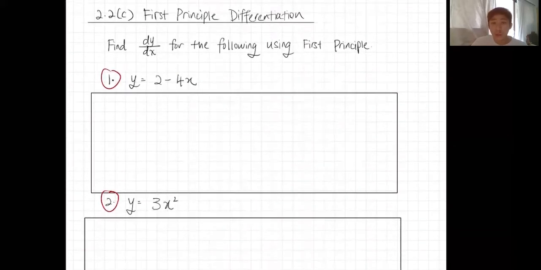And in 2.2c, we'll learn first principle differentiation. Basically, the long method to do differentiation. First principle is basically the proving way to do this question.